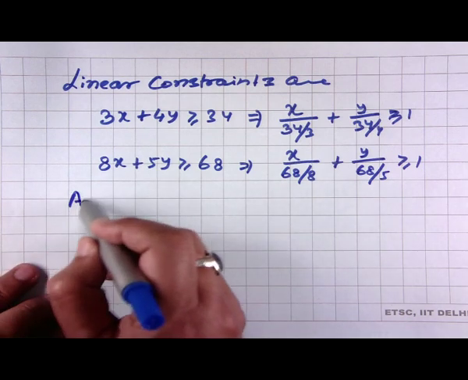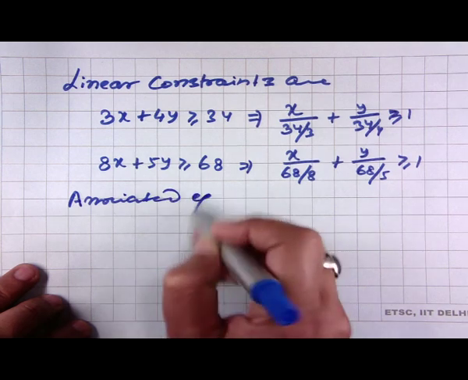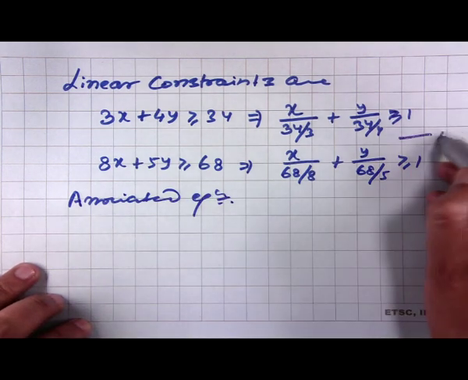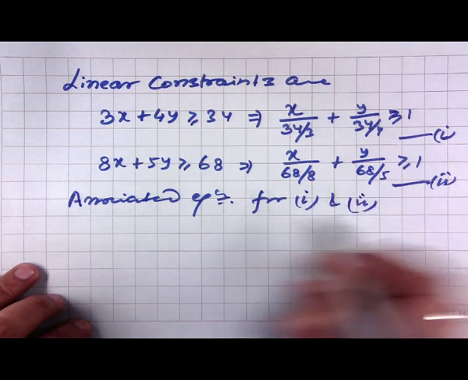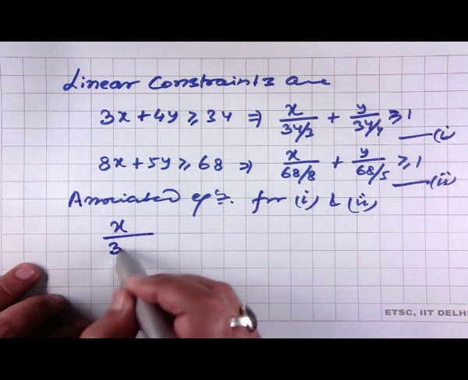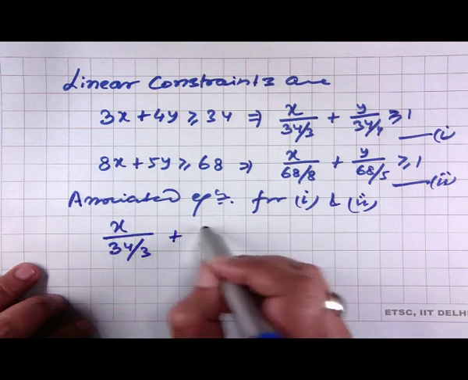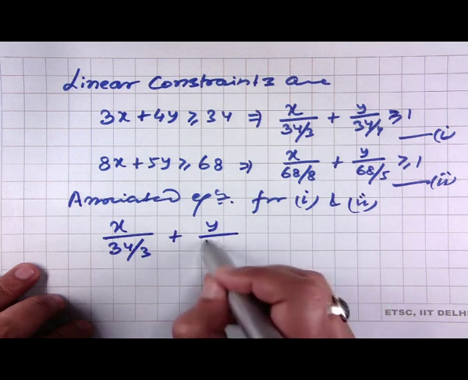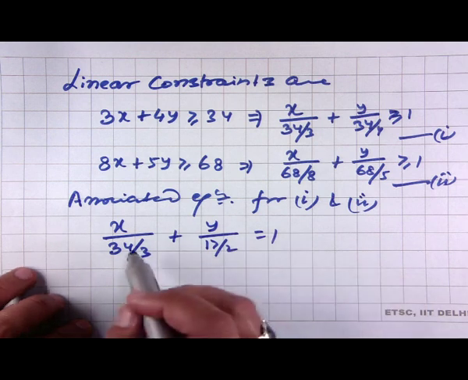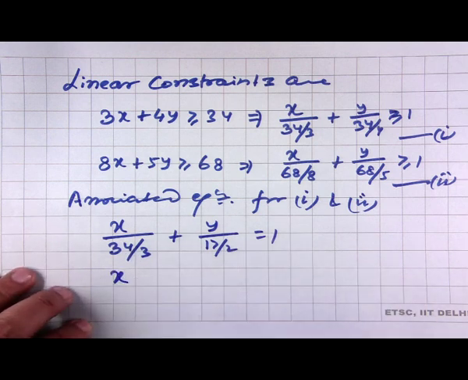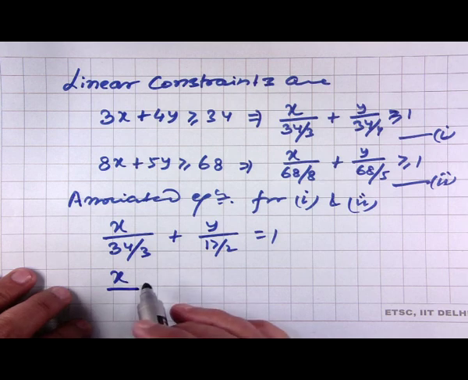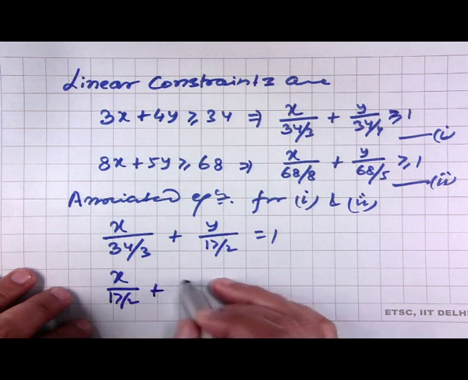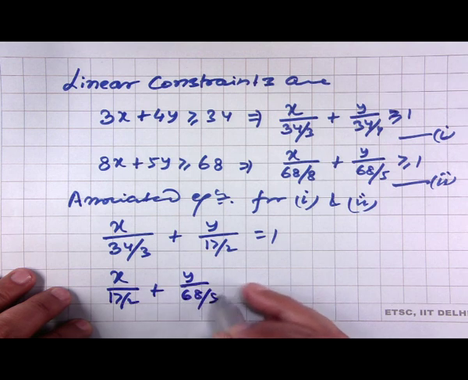So, the associated equations for 1 and 2 are x by 34 by 3 plus y by 17 by 2 equal to 1, and x by 17 by 2 plus y by 68 by 5 equal to 1.